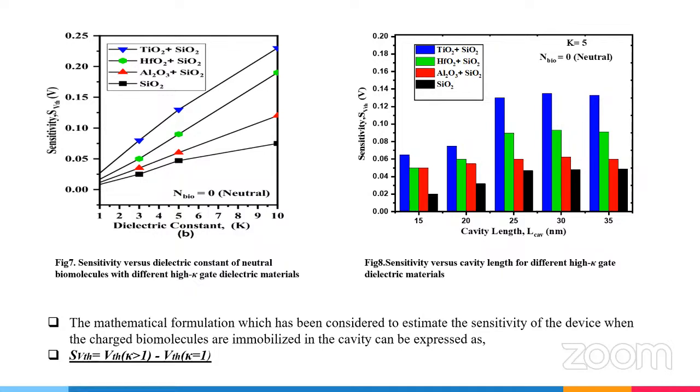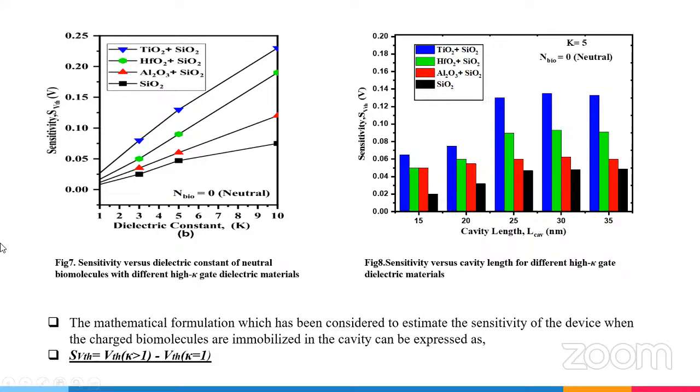The formula we used for sensitivity is the threshold voltage when K is greater than 1 minus VTH at K equal to 1. K equal to 1 means there are no biomolecules, only air is confined in the cavity. You can see that with the titanium dioxide and SiO2 combination, the sensitivity is high.